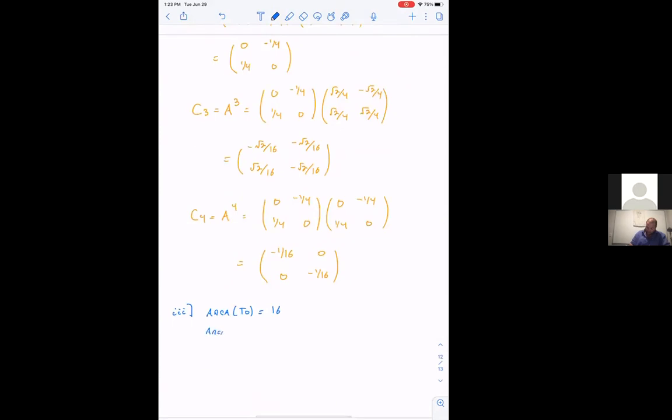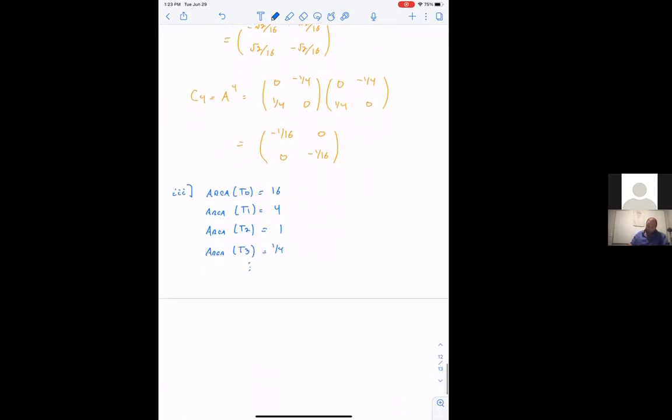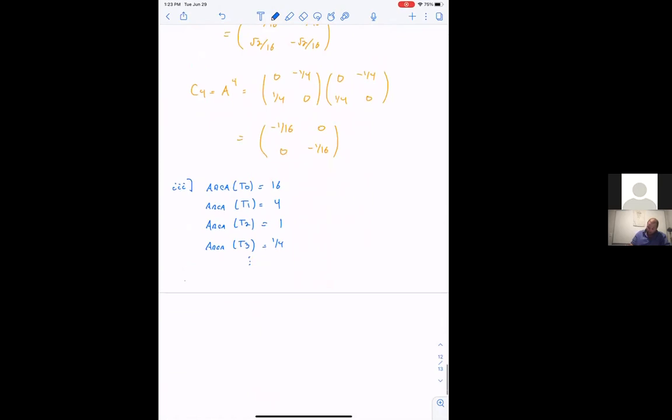The area of T1 is 1/4 of that, 4. The area of T2 is 1/4 of that. The area of T3 is 1/4 of that, and so on. And we want to find the sum of all the areas. In other words, we want 16 plus 4 plus 1 plus 1/4 forever.